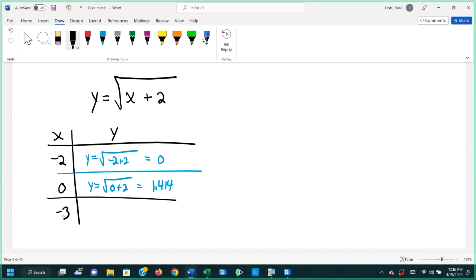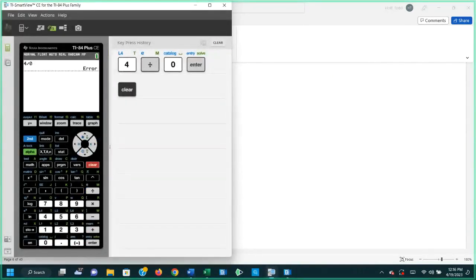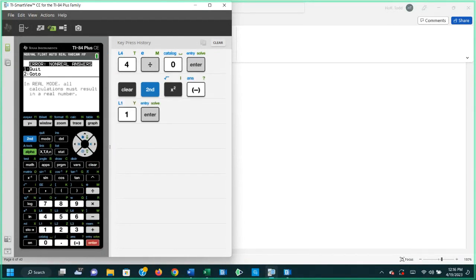If we tried to put negative 3 in for x, y would be the square root of negative 3 plus 2. Well, negative 3 plus 2 is negative 1. The square root of negative 1, if I do that on the calculator, it's going to give me an error again. It's called a non-real answer.